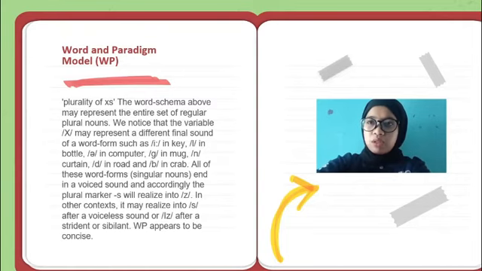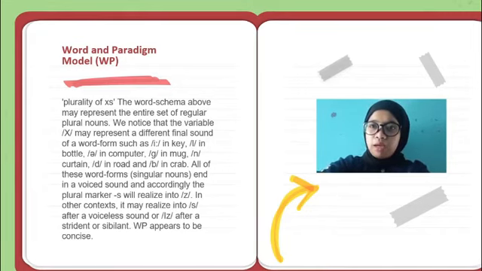WP can also be called amorphous morphology. WP is a word-based model, which points out that the word is the main component, and the word is not split up into items but is formulated using word schemas.